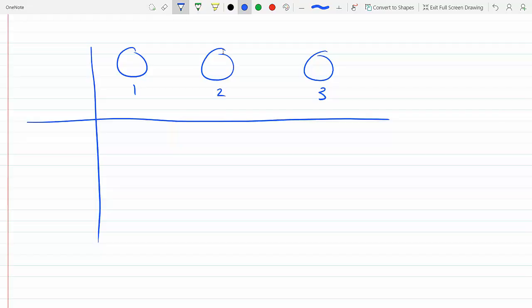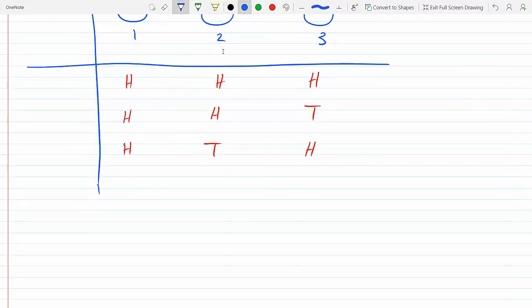So the first possibility is that I get heads on all these coins, so they'll all be heads. That's one way. Another way is I could get heads on the first 2 and a tail on the other. And then the second possibility, I could get heads on the first and last and tails in the middle. And then I could keep on going and listing all the possibilities. I could get tail, head, head.